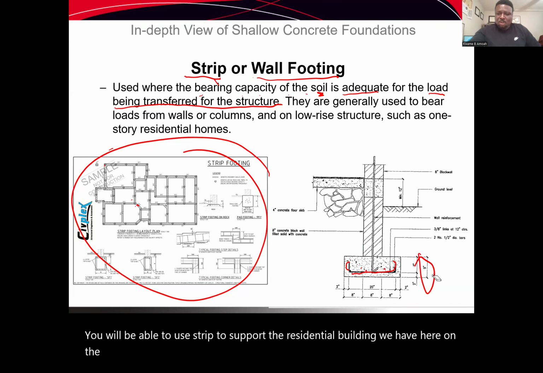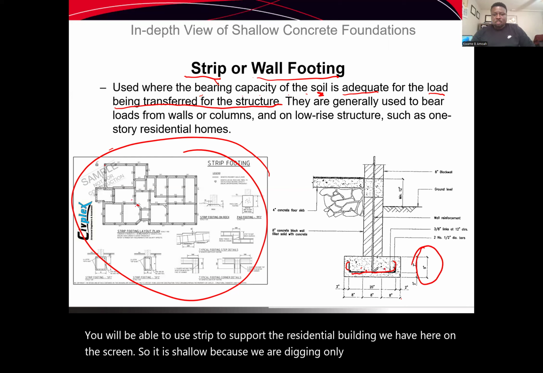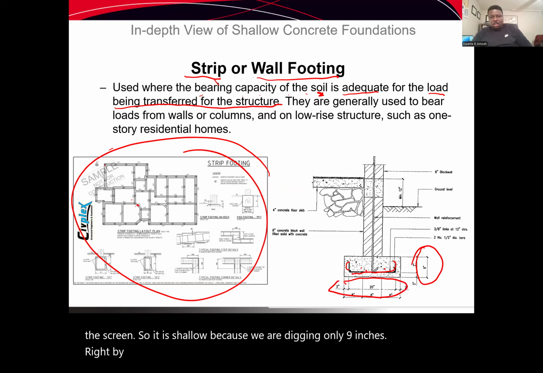So it is shallow because we are digging only 9 inches by 20 right here to support the foundation to carry this whole residential building. So with a project like this, you don't need to do a deep foundation, but it's going to be shallow.